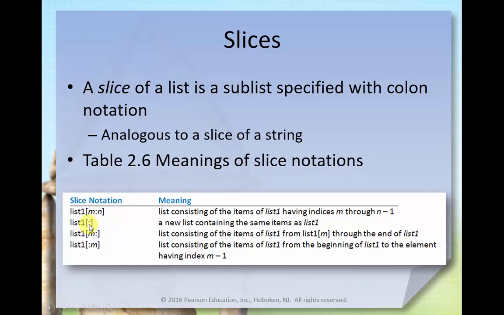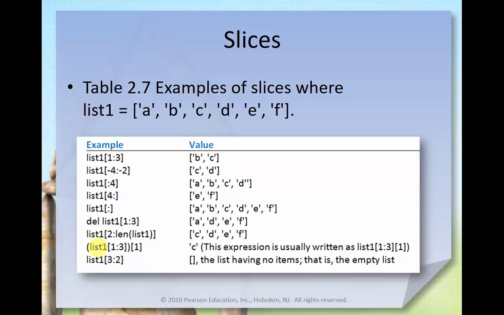We can omit the whole thing. We can specify only the beginning, letting it roll all the way to the end, or specify the beginning up to some point. So same syntax, only we're operating on a list instead of an actual string.